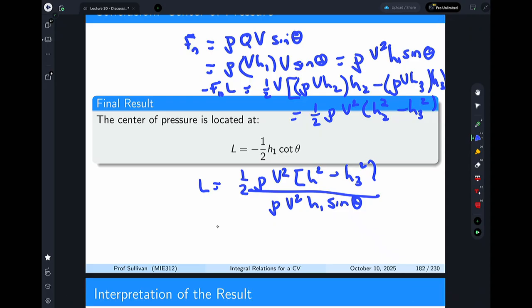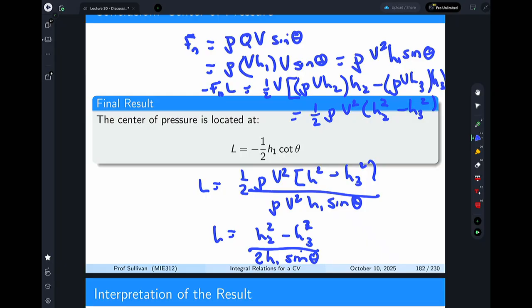And L will then equal h2 squared minus h3 squared over 2 h1 sine of theta. And I'm actually going to leave it in that form right now.